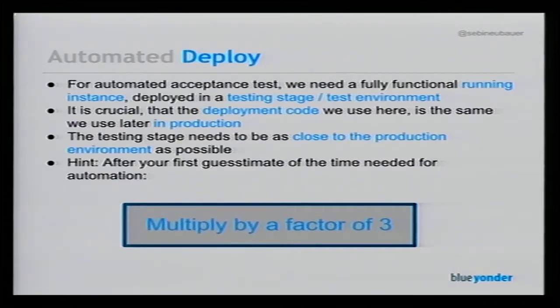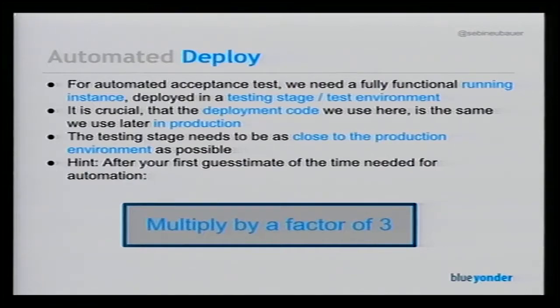And for this it's clear it has to be automatically deployed into some production-like environment, let's say Amazon, or in-house somewhere on a server, Debian or whatever. I think it's crucial to have really the same code which does the automated deploy for this test that you use later on for the deploy into production.